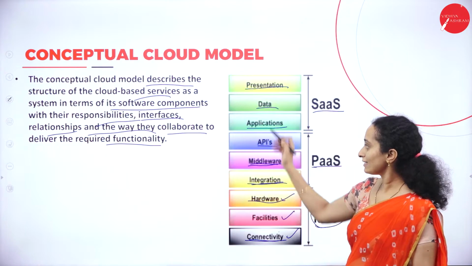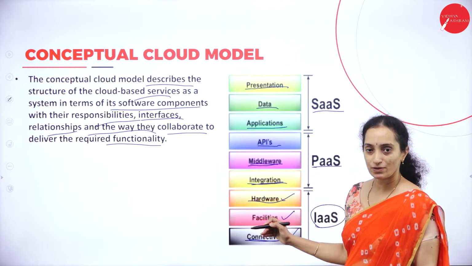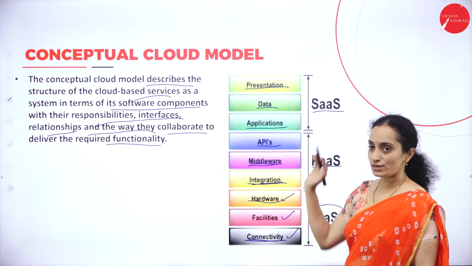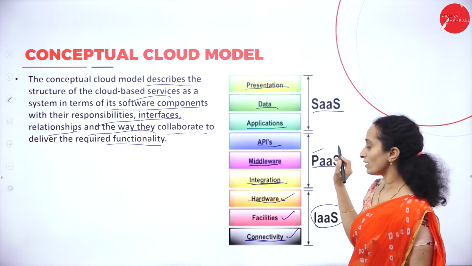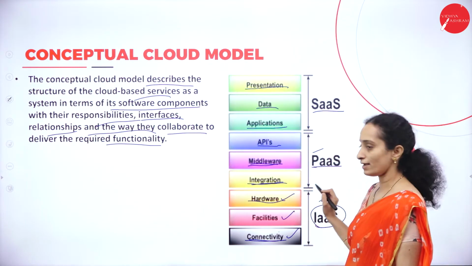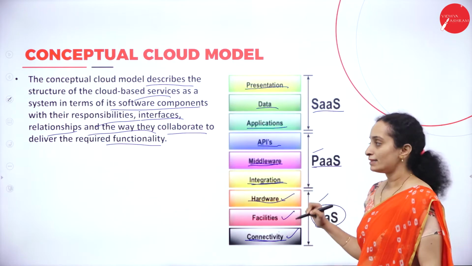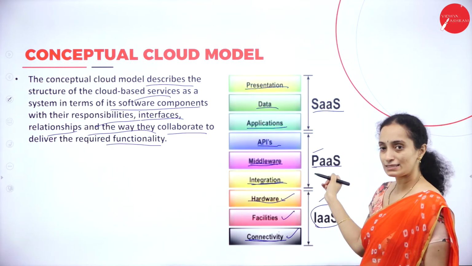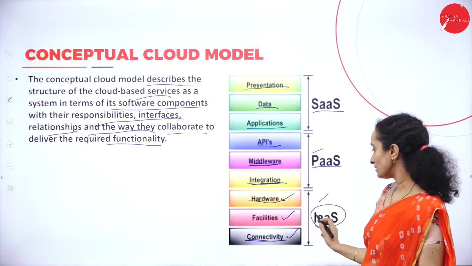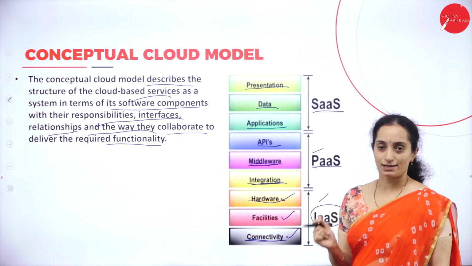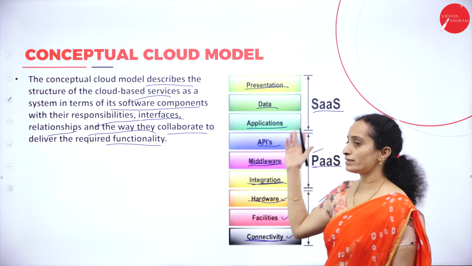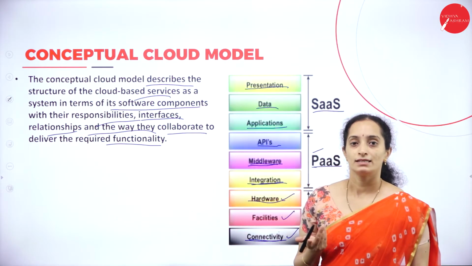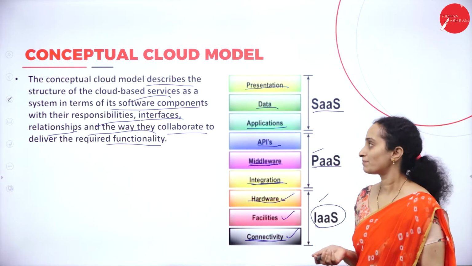They are integrated with each other. You can give only SaaS, or only PaaS, or only IaaS, but they will have certain softwares, platforms, and infrastructure or hardware that are provided by any service provider.